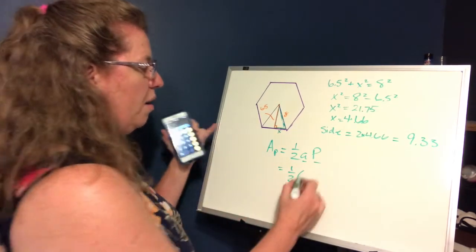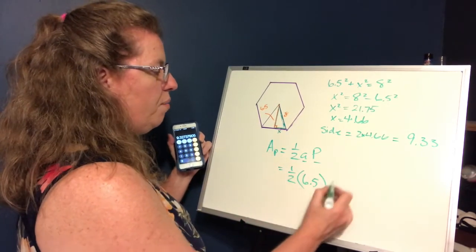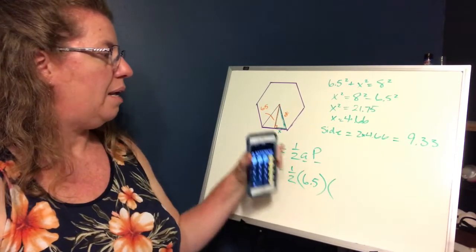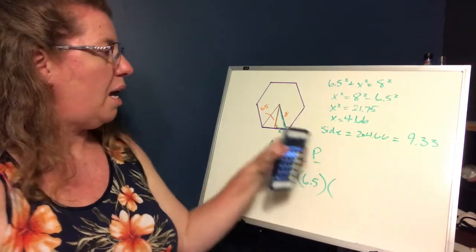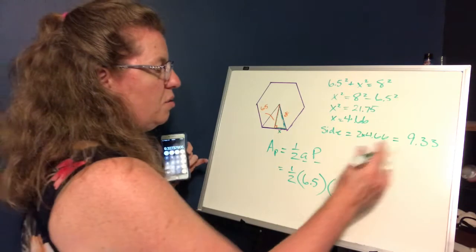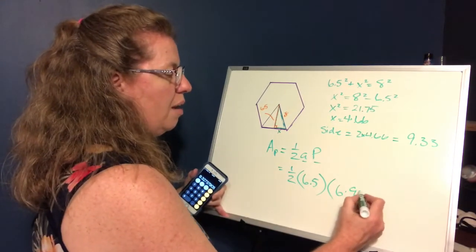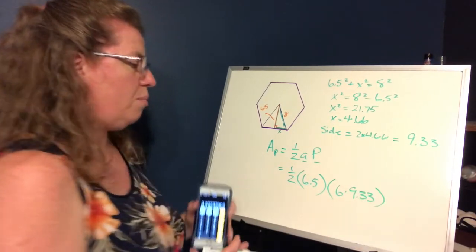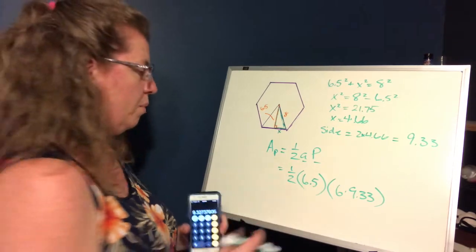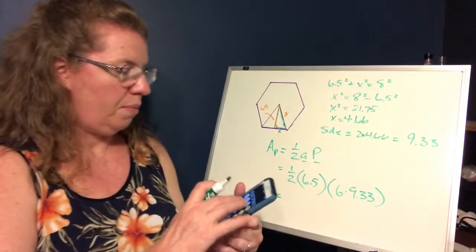We know the 1/2 is pretty good. They gave us the apothem as 6.5, and our perimeter is the length of our side times the number of sides. So 6 times 9.33 is my perimeter. You can go ahead and plug that in your calculator.